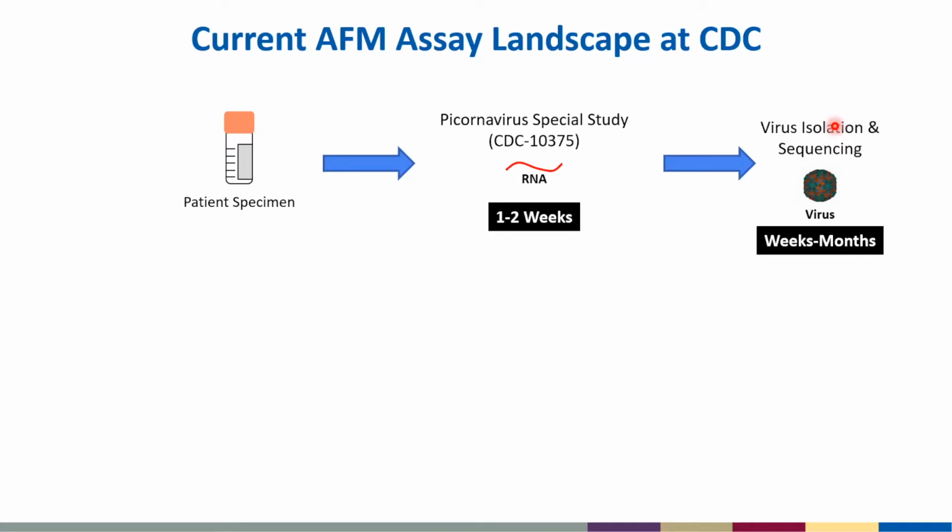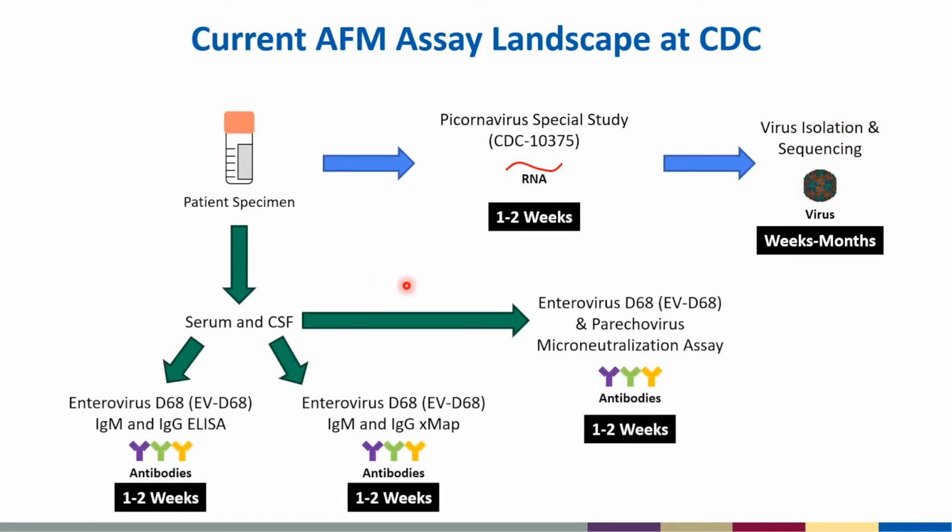And then on our end, what we're really using is really focusing on serum and CSF. And this is using 3 types of assays to try to figure out if we can detect antibodies that are specific for, in this case, enterovirus D68, that can help us figure out if a kid has come in and has a respiratory infection, is this driven by a rhino? Is this driven by enterovirus D68?